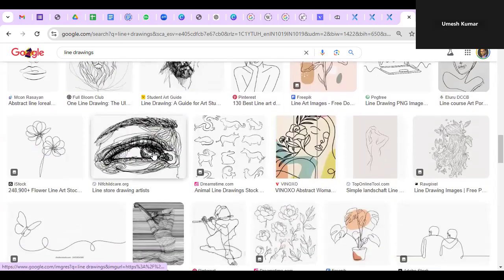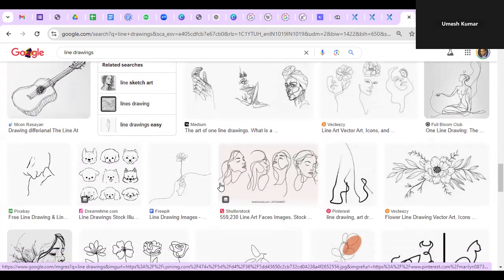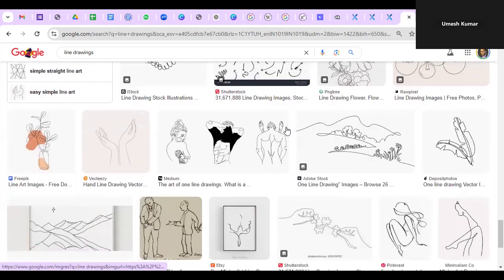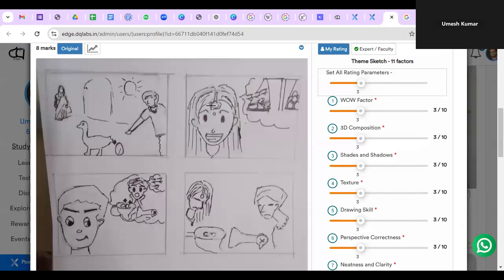So this is with a lot of lines, like a single line drawing. These are all single line drawings. Do one thing: tomorrow, do the same thing with single line drawing.